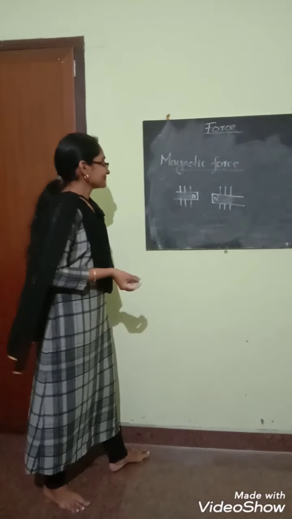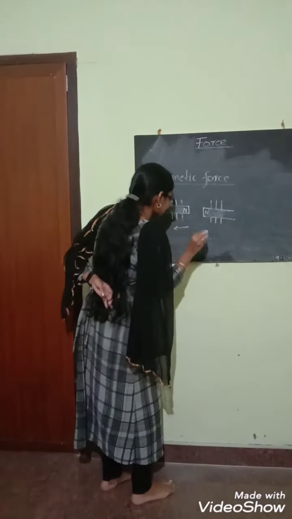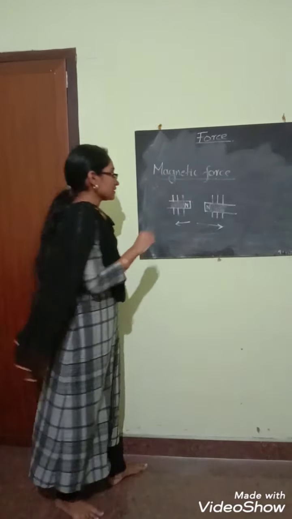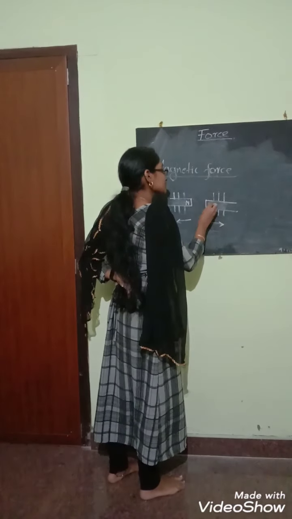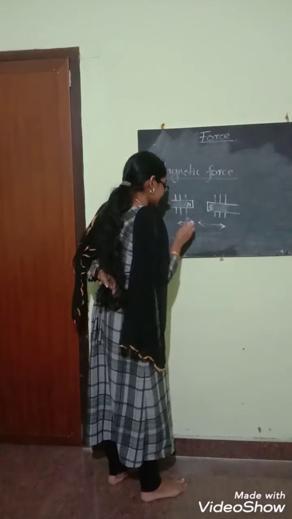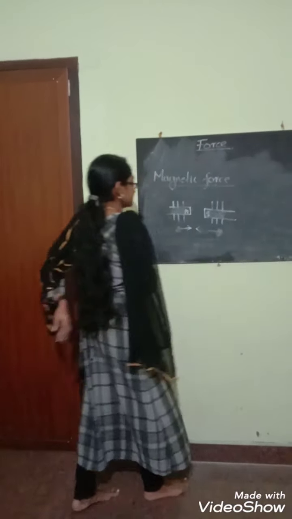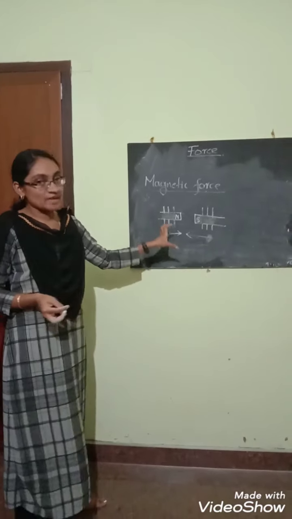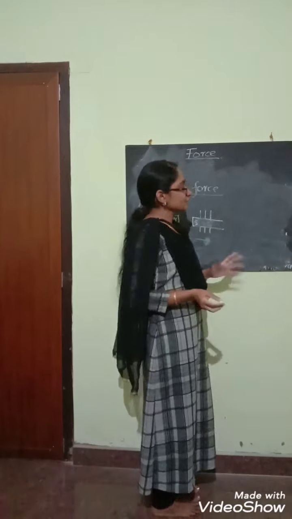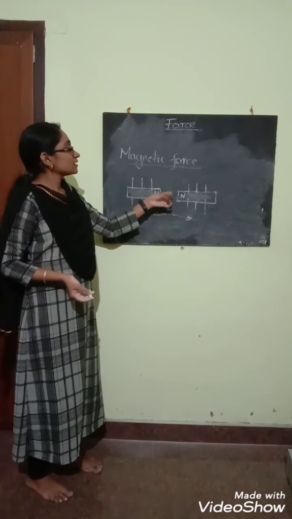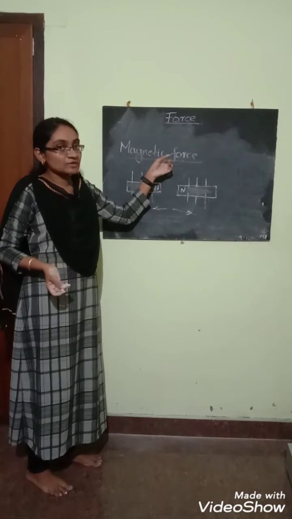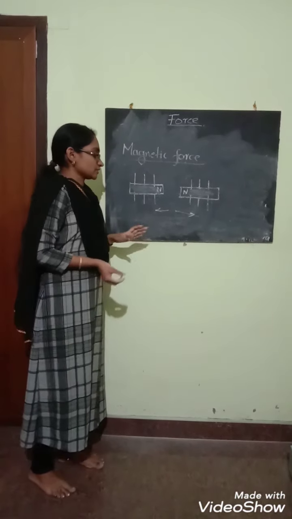Then what happens? A push occurs. And when I consider the south pole, what happens? An attraction occurs. So in the case of a magnet, there occurs a push or pull, as we already know, without contact. Here the magnetic force occurs. So this magnetic force is an example of non-contact force.